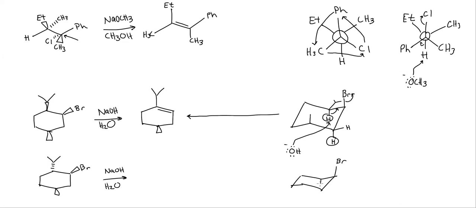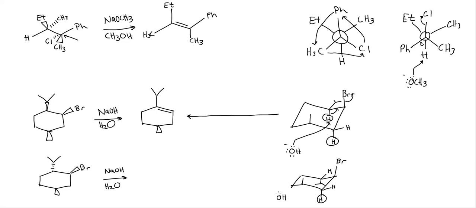So if it's on an up axial, then that isopropyl has to be on the down axial, and then the methyl group doesn't move. It stays the same. Okay, so now my hydrogen here is on an up equatorial, right? Well, this bromine and this hydrogen are not 180 degrees apart, right? So I can't take this hydrogen anymore. So that means the only hydrogen that I'm left to take is one from one of these two carbons. So I can only take this hydrogen. That's the only one I could take, right?